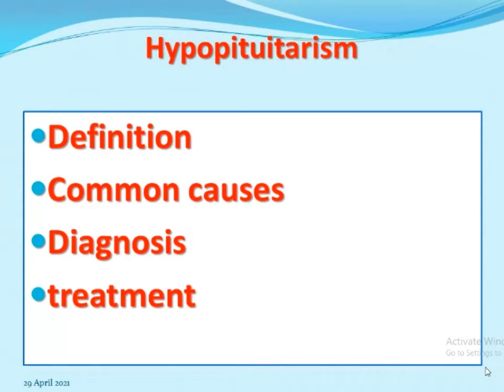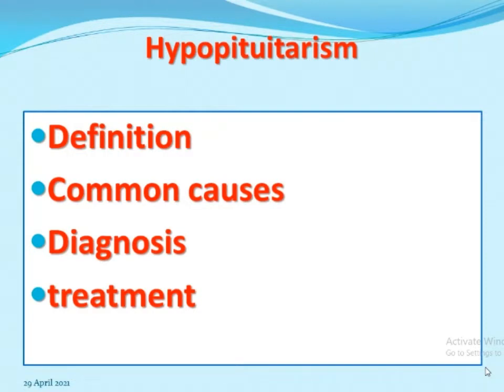So keep in your mind that in the future, for every gland, for example, the thyroid gland, we should discuss the hyperfunction, hyperthyroidism, and the hypofunction, hypothyroidism. And we should discuss any clinical emergency concerning these glands. And the same will be applied now to the pituitary gland.